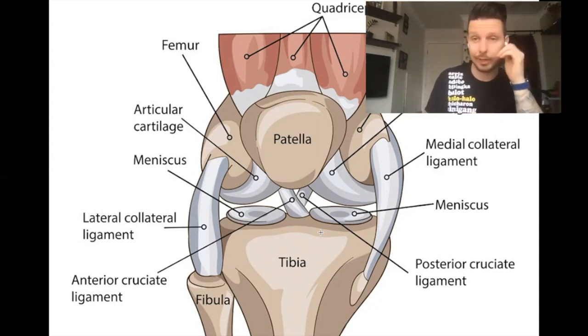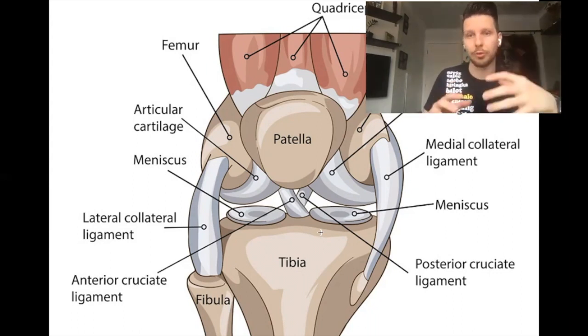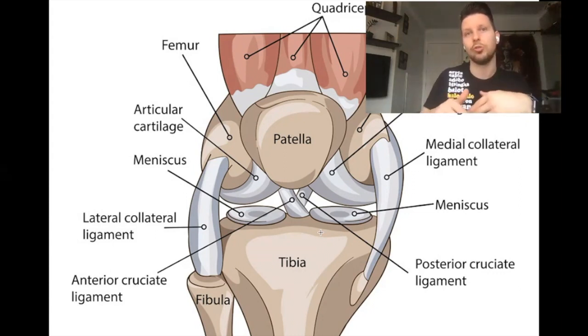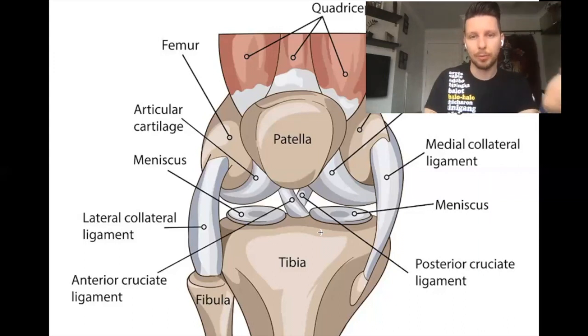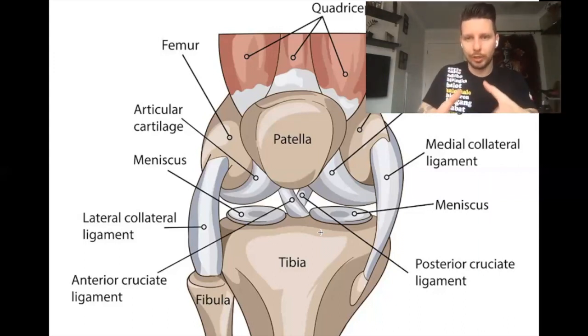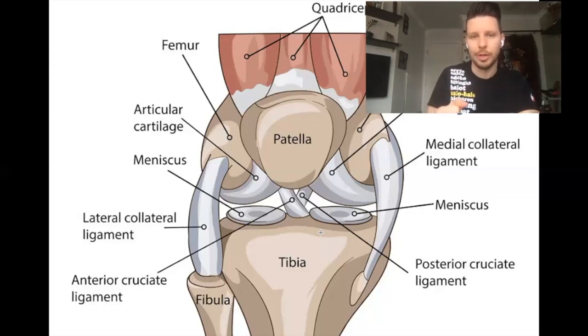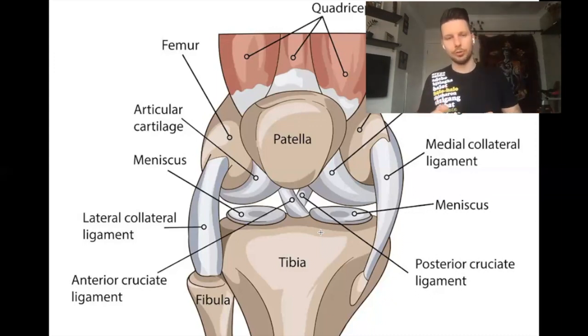Remember how I said our quads are responsible to ensure that you don't go into hyperextension with your knee? But when you get an ACL surgery, it's really difficult to get extension back. And when you think about it, we need to be able to extend our knee, and people will say sometimes it just feels locked or stuck and it can't move any further. So learning how to regain extension in a safe environment.